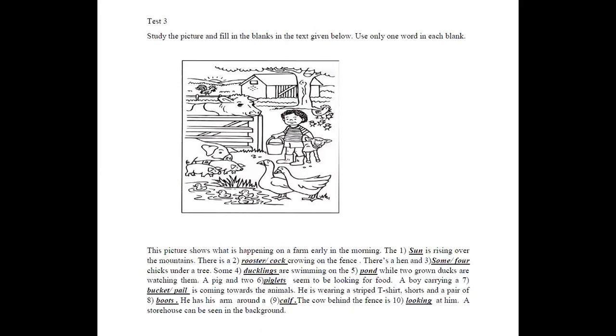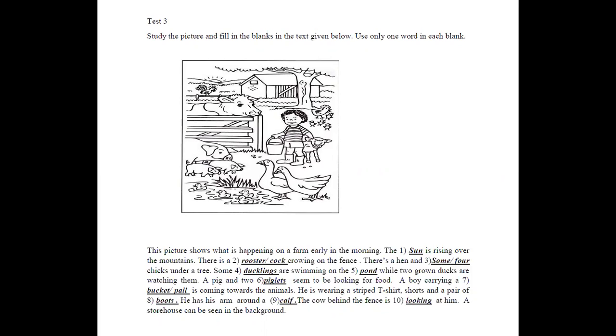This is also the same like the previous one. You can use some or four, because there are four chicks. So you can use four, or someone can say there are some. There is a hen and some chicks under a tree. That is up to you.